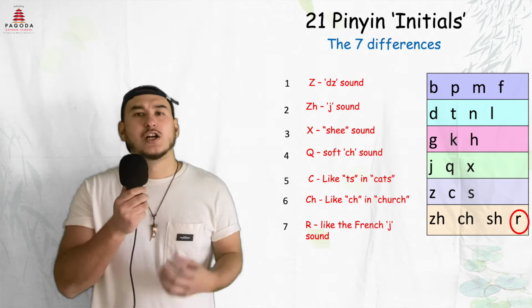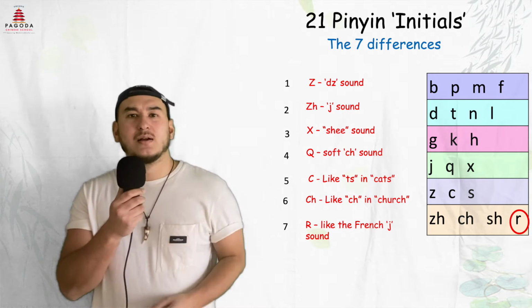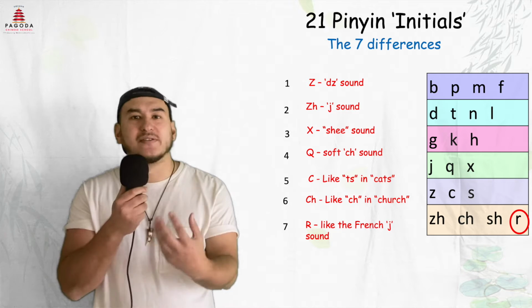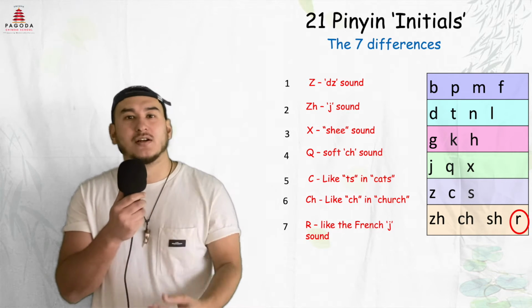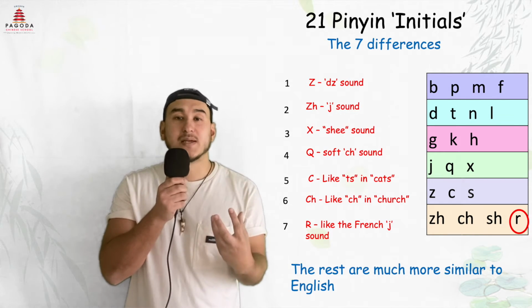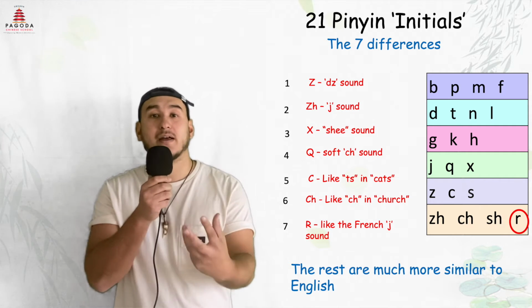And number 7, R. So this may be the hardest one of all because it looks like a letter R, but it's actually pronounced je. So, like the J sound in French, je, or the sound you make from leisure or pleasure. One more time, je. The rest are much more similar to English. Feel free to stop and rewind to listen to these sounds again.